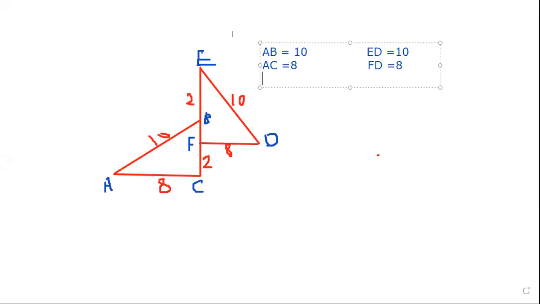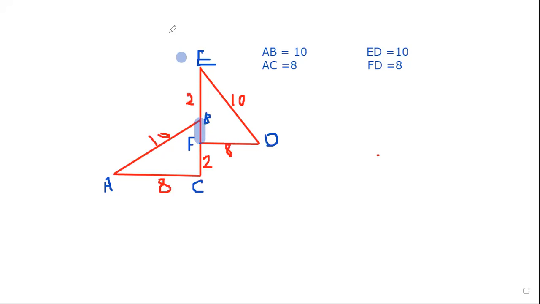But what can we not do here in this question? Did you see this part? FB is a common part. Suppose that FB equals 2 centimeters or 5 centimeters or 10 centimeters, whatever. Then we have a common side, which is FB.